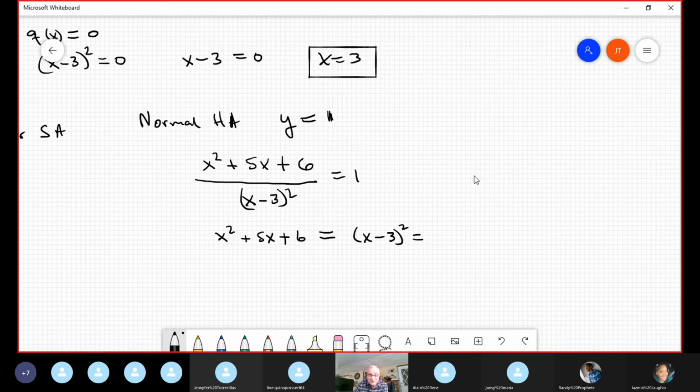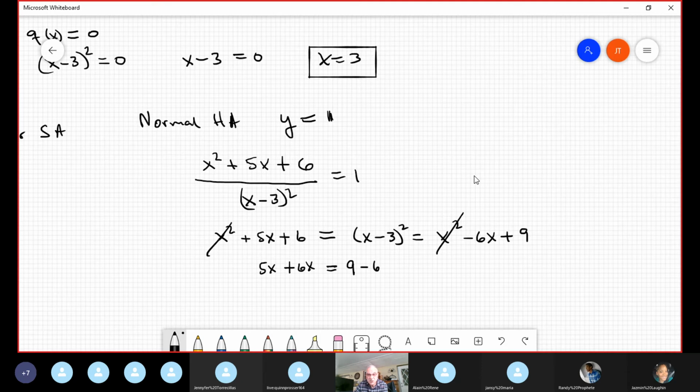When you expand this, it's x squared minus 6x plus 9. The x squared part cancels out. We have 5x plus 6x equals 9 minus 6.